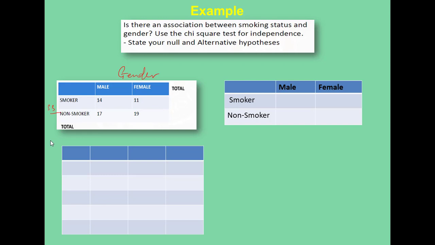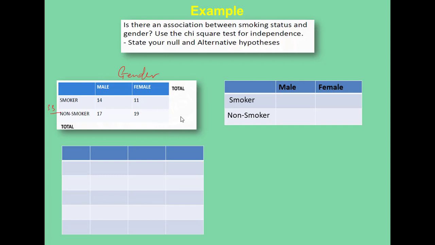So does gender determine smoking status? Is smoking status linked in any way to gender? Is there an association? So we test for independence. So the null hypothesis would say there is no association, and the alternative would say there is an association.